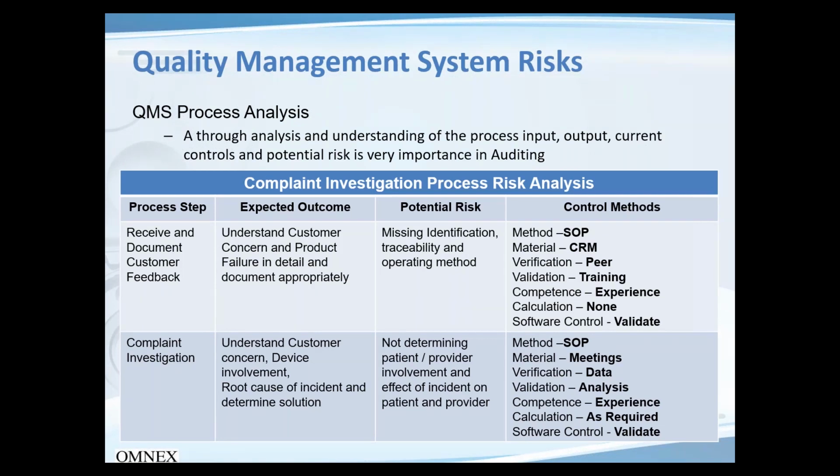Just to give an example of how we can look into each process step and see what potential risk is there: in a complaint investigation, if we are not determining the patient and the provider involvement, we are only looking at the performance of the device, not considering the potential harm to the patient, or the harm or hazard to the provider.